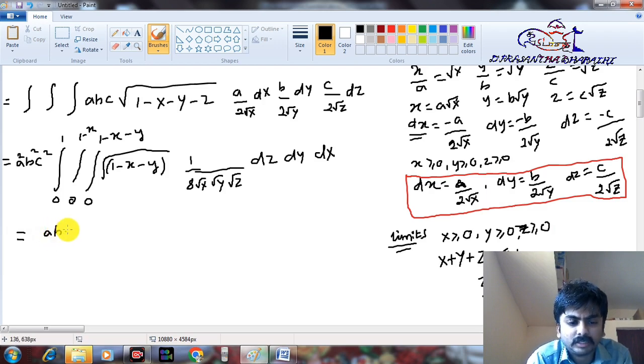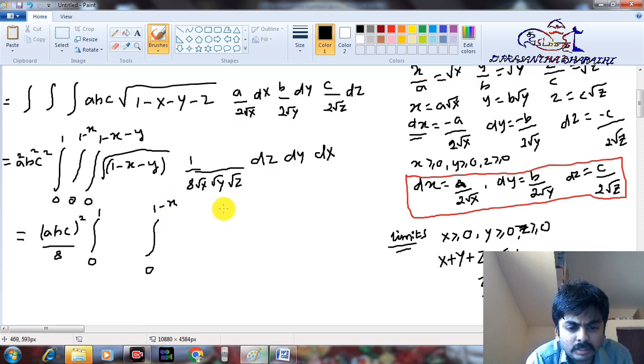I shall write it as abc the whole square divided by 8 into the integral 0 to 1, integral 0 to 1 minus x, integral 0 to 1 minus x minus y.